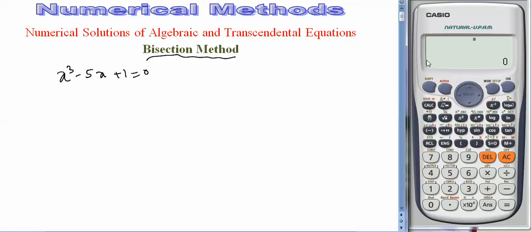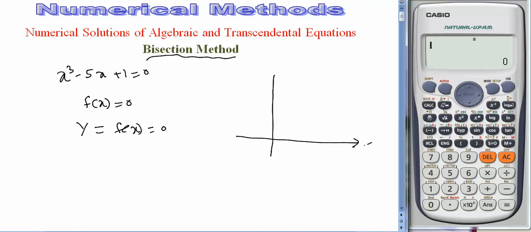Then how to apply this method? Suppose the left side is treated as f(x) equals 0. Now suppose you assume y equals f(x) and also y equals 0. If you draw the graphical representation, y equals f(x) is a curve.